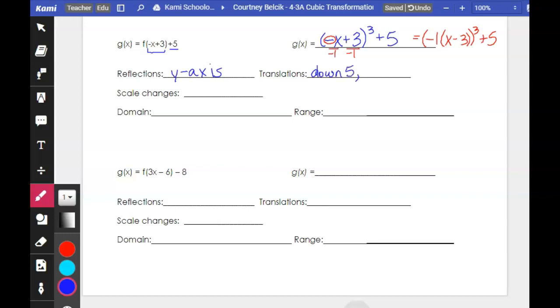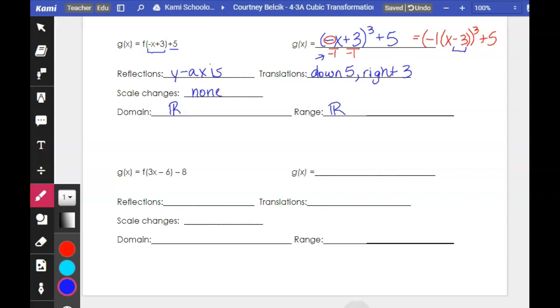We are also shifting to the right 3. And if we hadn't done this work in the beginning and moving that negative outside of parentheses, then we would have gotten this wrong and we would have said it shifted to the left 3, but it doesn't. It shifts to the right 3. There is no scale changes. We're not multiplying by anything other than the -1, and the domain and range are not restricted.